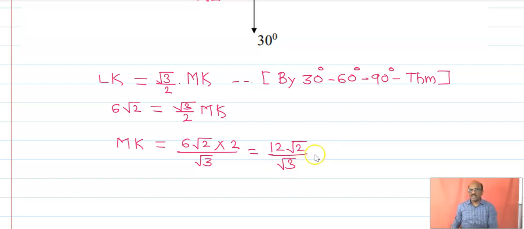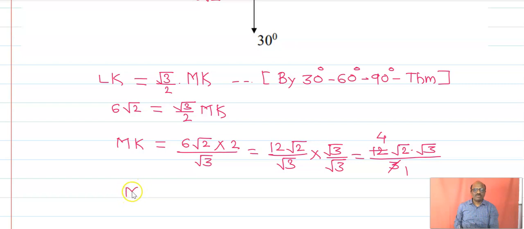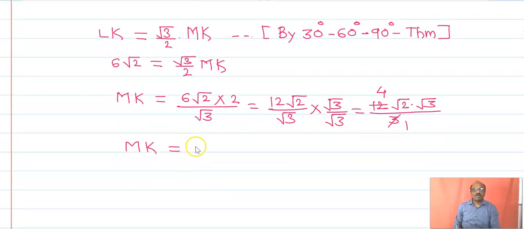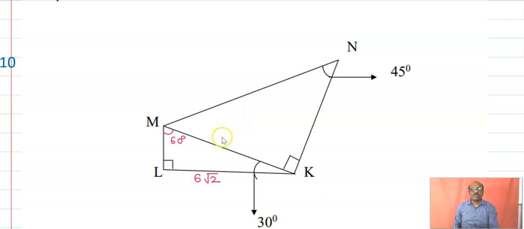We will multiply numerator and denominator by root 3 and here you will get root 3 upon root 3, that is a 3, 12 root 2 into root 3 is divided by 3, and if we simplify it, then you will get here, that is a MK is equals to 4 in bracket root 2 into root 3, that we can write here root 6. Therefore, MK is equals to 4 root 6.